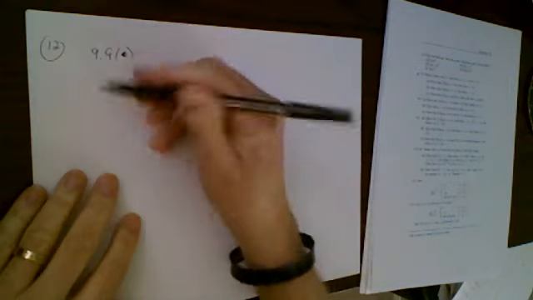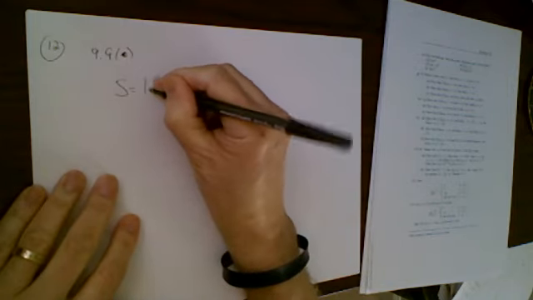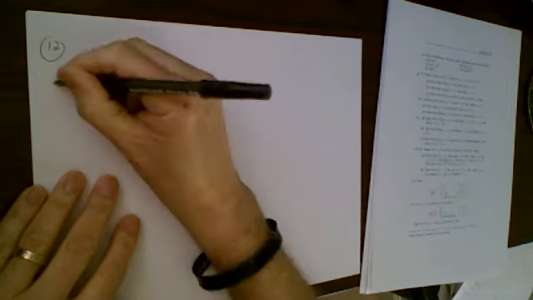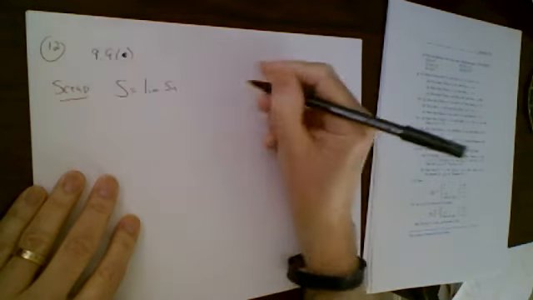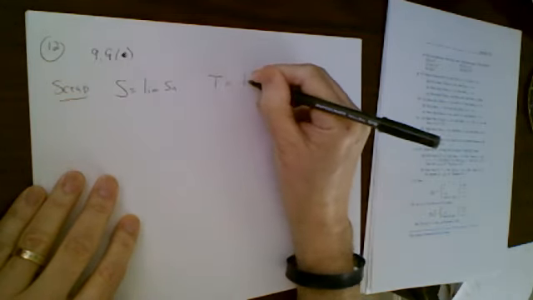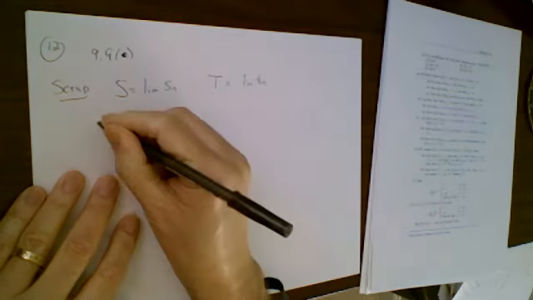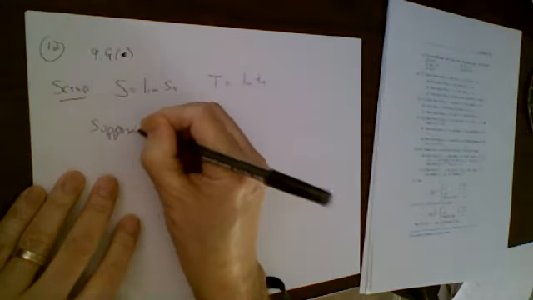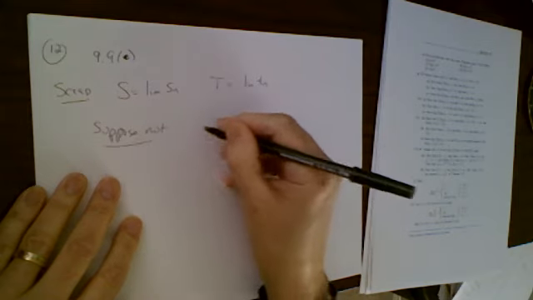Prove that if the S's have a limit and the T's have a limit, then the limit of the S's is less than or equal to the limit of the T's. Well, what we often do for these things is, I'll let S be the limit of the S sub n's. I'll just start off with some scrap work here. And I'll let T be the limit of the T sub n's. And let's suppose not, and let's see if I can get a proof to fall out of this.